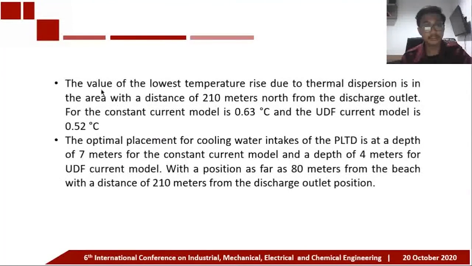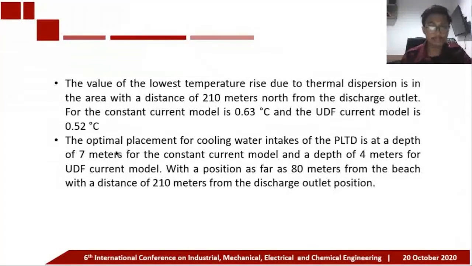The next is that the value of the lowest temperature rise due to thermal dispersion is in the area at a distance of 210 meters north from the discharge outlet. For the constant current model it is 0.63 degrees Celsius, and for the UDF current model it is 0.552 degrees Celsius.